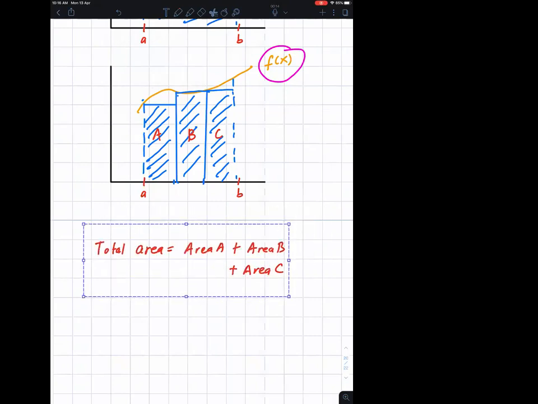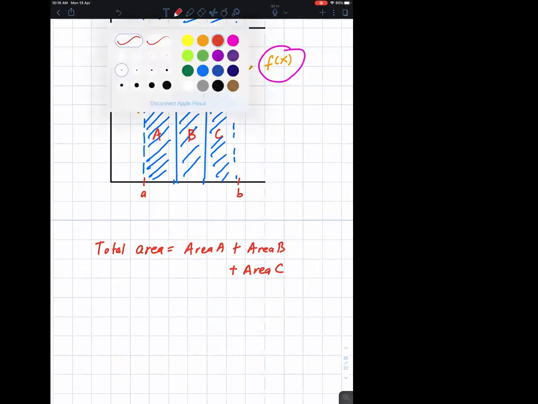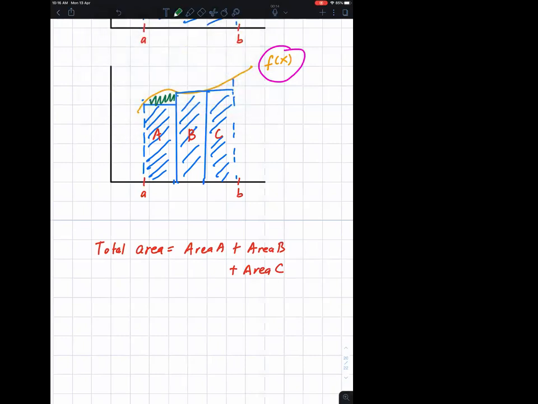But when you do this, there's a problem here. You are not going to get an accurate result because you have error. You see, there's an error here. There's going to be error here also. But there will also be some error here. So it's not going to give you an accurate result.